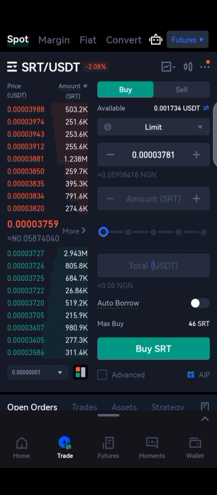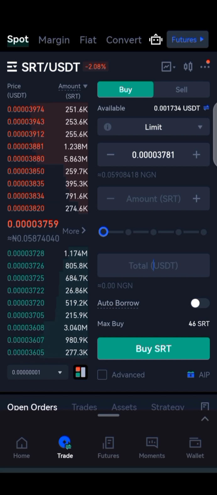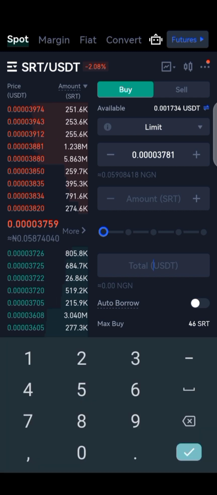We want to use 250 USDT for this. Why is it 250 USDT? It depends on the network address you are dealing with. Ethereum charges very high when it comes to fees, so you need to use big capital so that the charges do not eat up your profit.